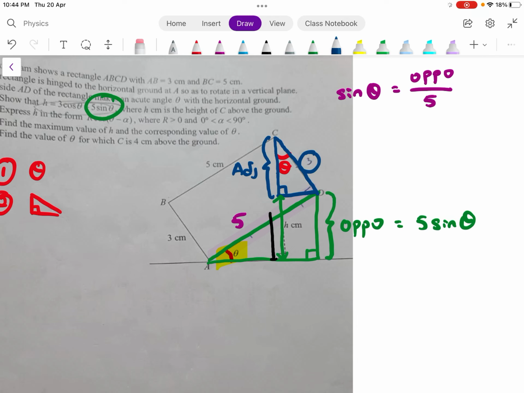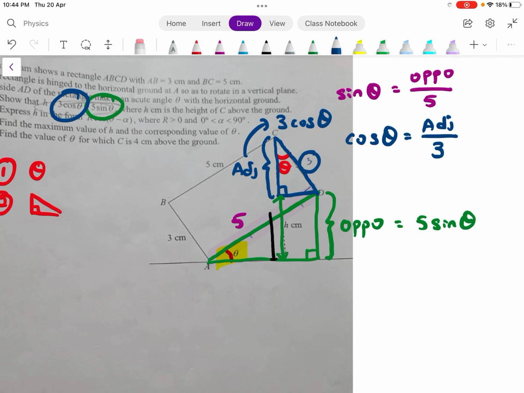I want the adjacent and I have the hypotenuse, so it's cosine. Cosine theta equals adjacent divided by hypotenuse. When you cross multiply, my adjacent is equal to 3 cos theta. So now I have my 3 cosine theta right here. I simply add up and I get 3 cosine theta plus 5 sine theta.